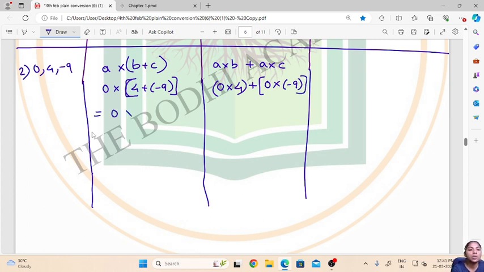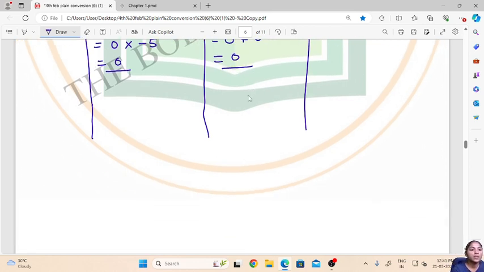We have 0 into (4 minus 9), which is minus 5, and minus 5 into 0 is 0. Then here we have 0 into 4, which is 0, plus 0 into minus 9, which is also 0. So here also we get the answer as 0. So yes, this is equal to this.